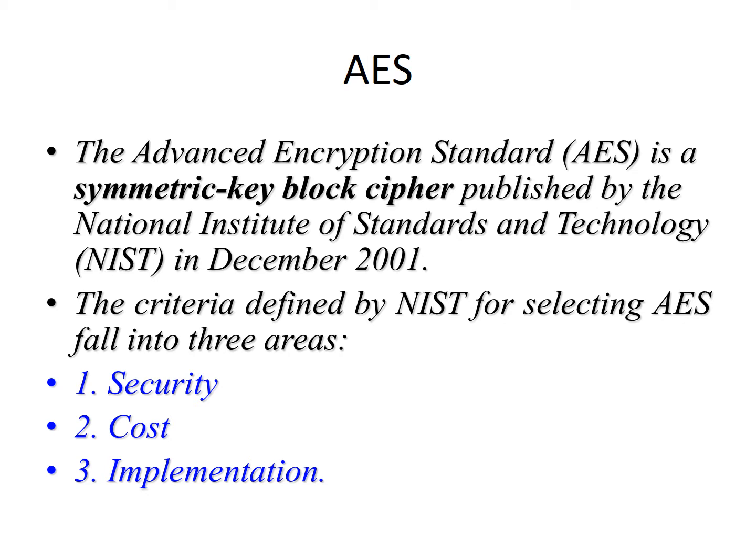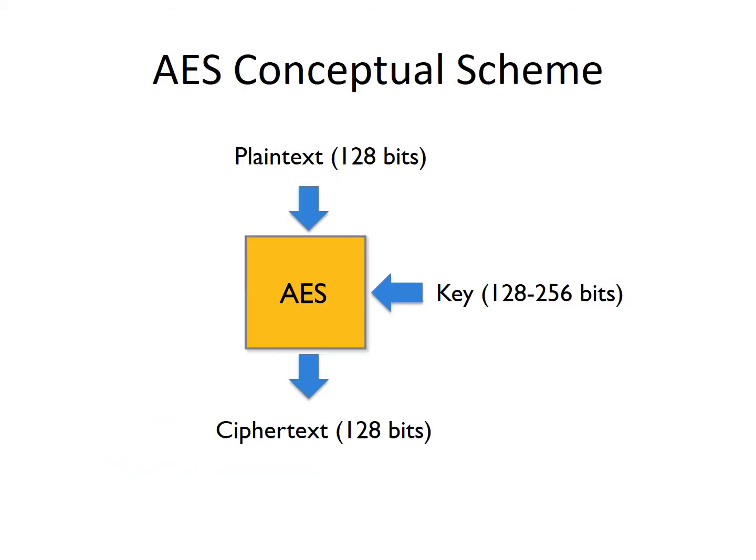We will encrypt it to generate the corresponding ciphertext. So NIST developed this AES with the basic criteria of security, cost and implementation. We will see the details of Advanced Encryption Standard.